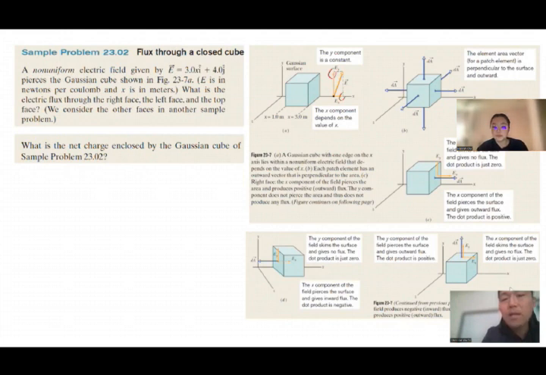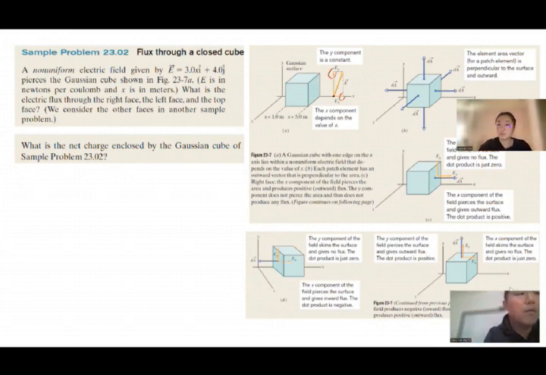That electric field passes through this Gaussian cube, and you can calculate the quantity of electric flux by integrating the electric field times the area vector on the x, y, z basis.